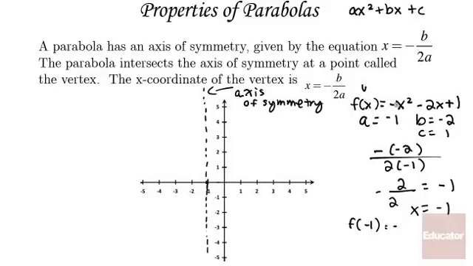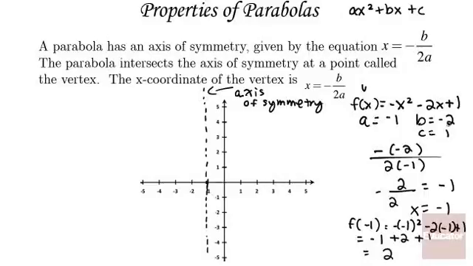Replacing my x terms with negative 1, negative 1 squared is 1, so that's negative 1. Then negative 2 times negative 1 becomes a positive, so that's plus 2, plus 1. So this is 3 minus 1, which equals 2.